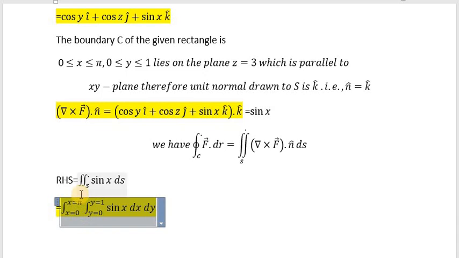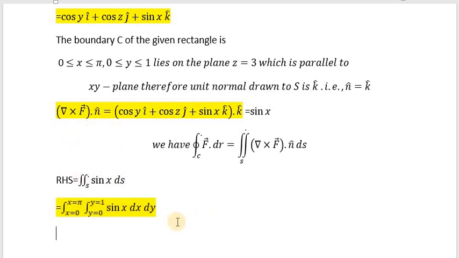Hence, x varies from 0 to 5, y varies from 0 to 1, of sin x dx dy. Here ds is replaced by dx dy since the surface lies in the xy plane.